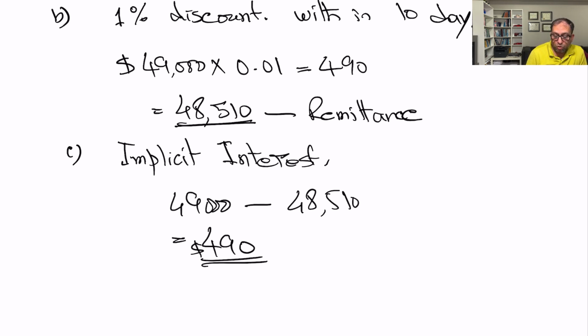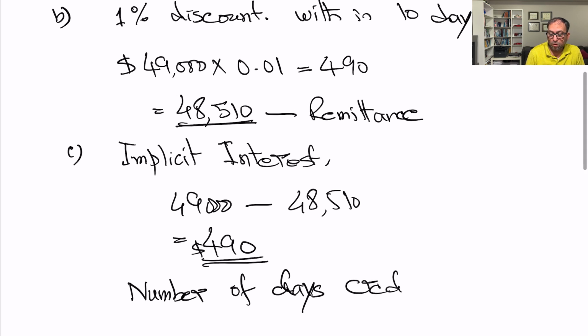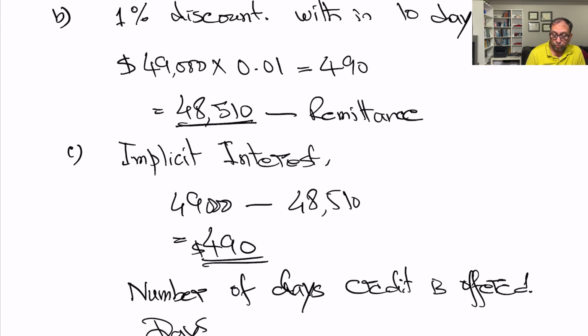Number of days the credit is offered is 20 days, which, if I make it more formal, is days credit: 30 minus 10, so it's going to be 20.